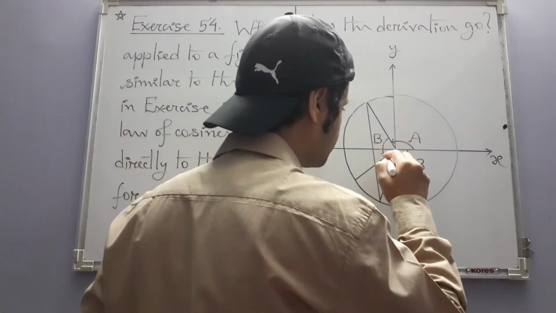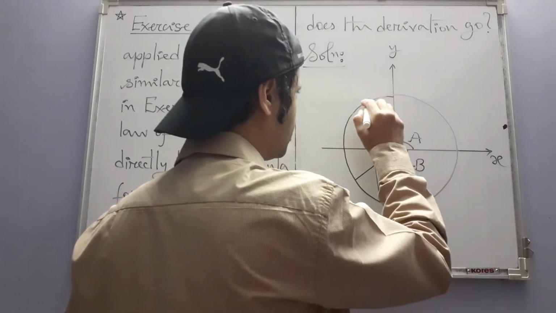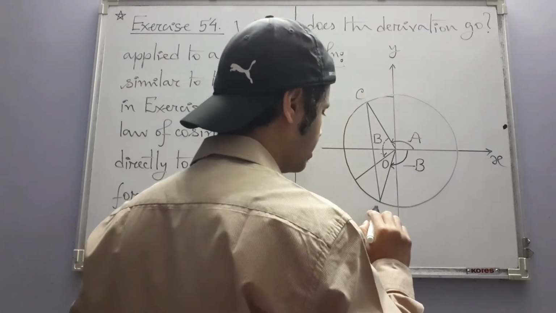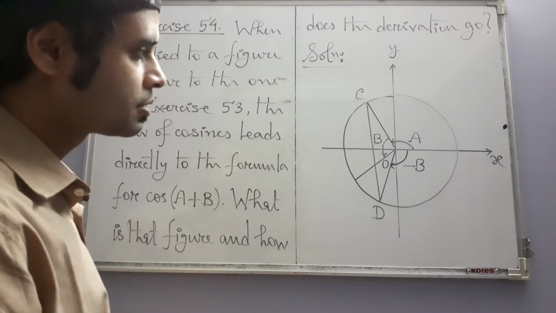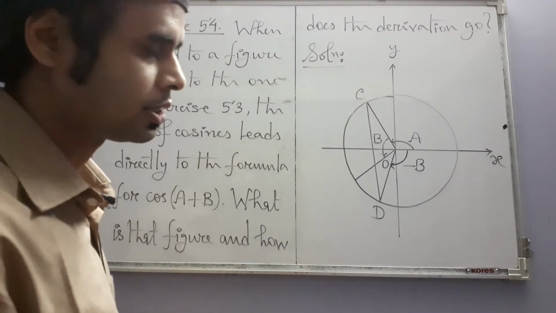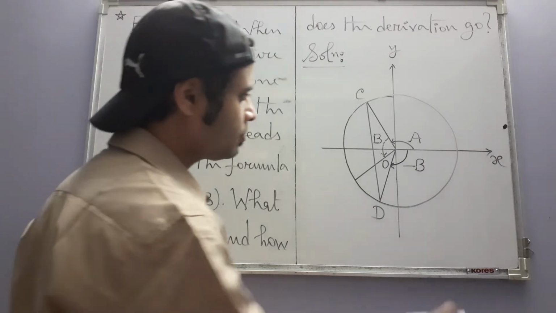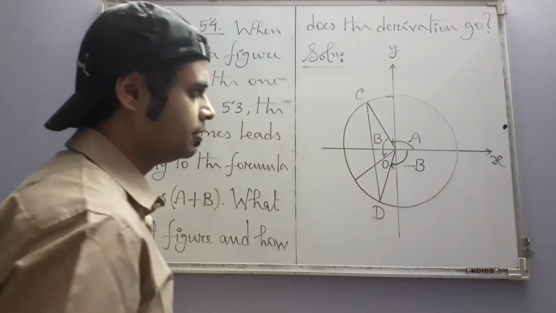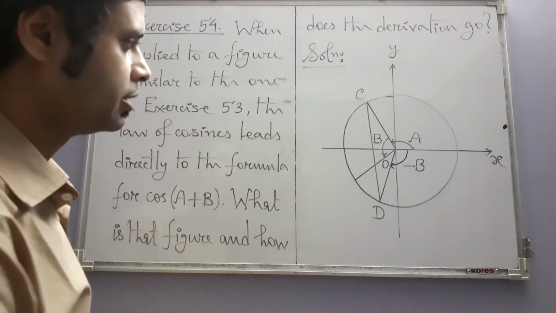And the origin of course can be called O, whereas these points, let me call them C and D. Now it is this triangle OCD on which we are going to apply the law of cosines. But how? Exactly how? We are going to concentrate on this angle, angle COD. So that requires us to find what that angle actually is.